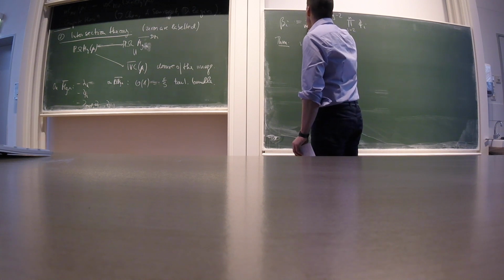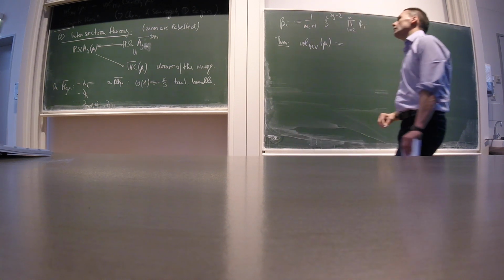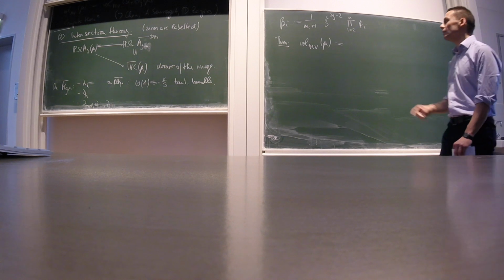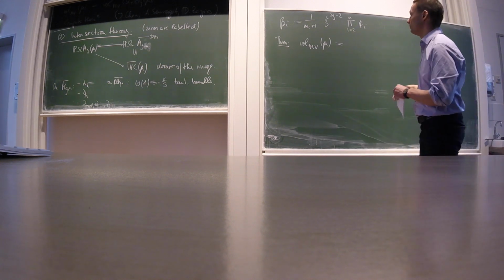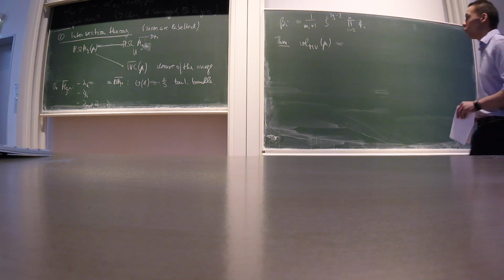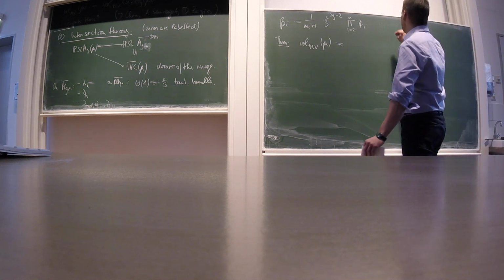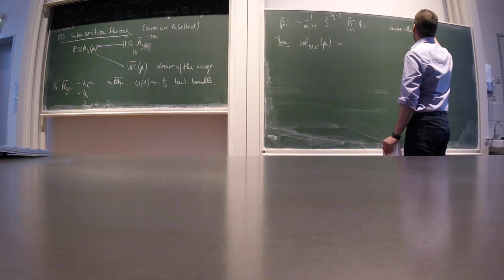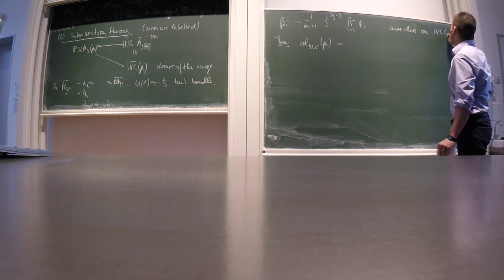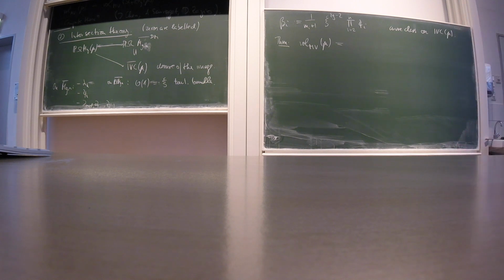And for convenience, I'll include a normalizing factor here, m_i plus 1. You'll see in a minute why it's there. So this is a cohomology class, a curved class on the compactified strata.